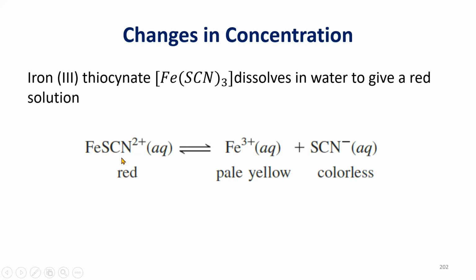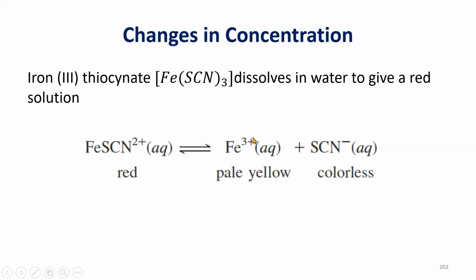This ion in itself dissociates. There's an equilibrium that exists for this particular ion because it dissociates to give us iron(III) ions and the thiocyanate ion, which is colorless. The iron(III) ion is pale yellow.